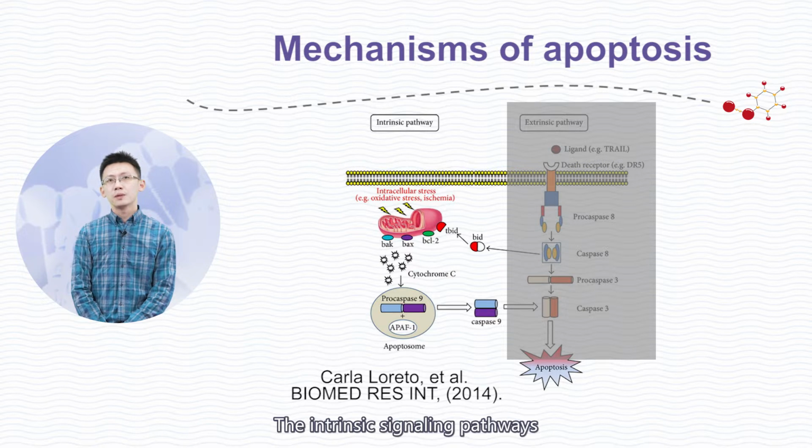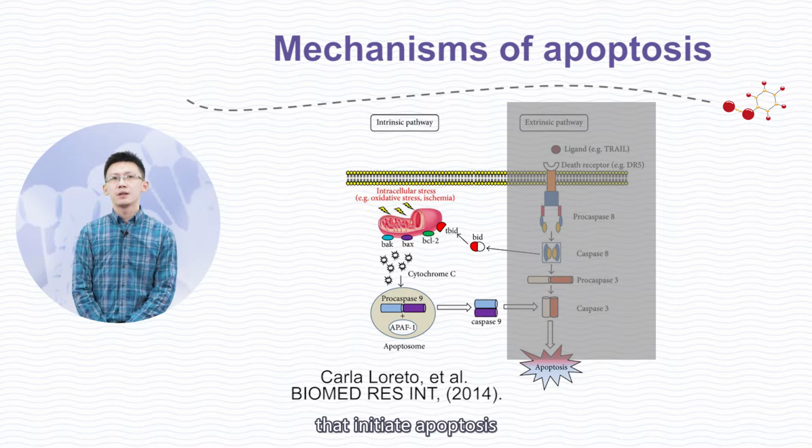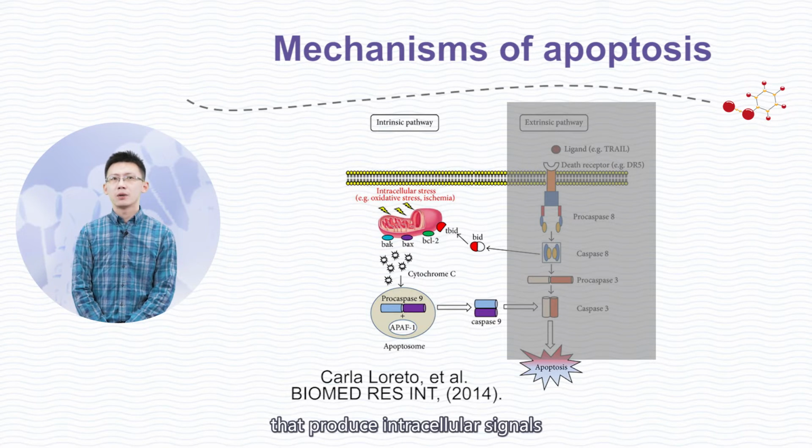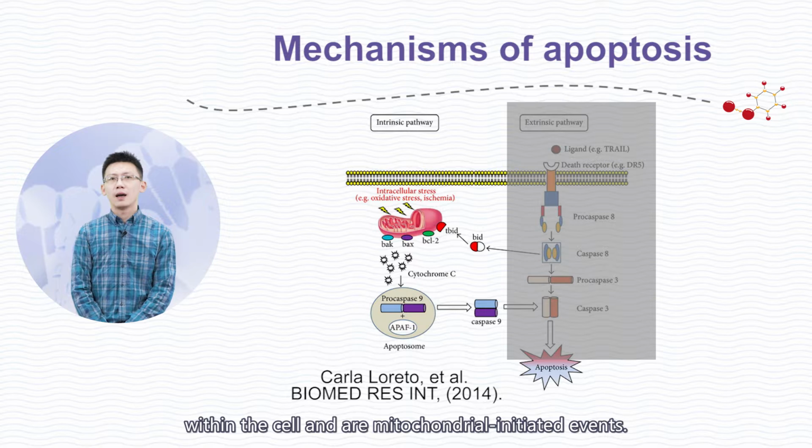The intrinsic signaling pathways that initiate apoptosis involve a diverse array of non-receptor mediated stimuli that produce intracellular signals that act directly on targets within the cell and are mitochondrial-initiated events.